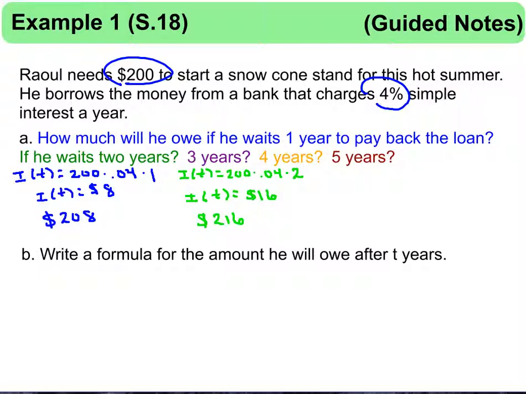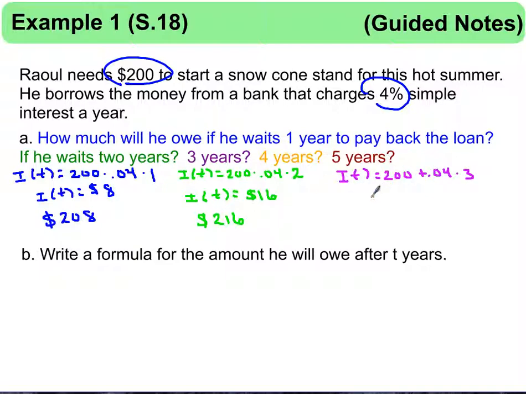If we do it one more time, for 3 years, I(t) equals 200 times 0.04 times the 3 years.